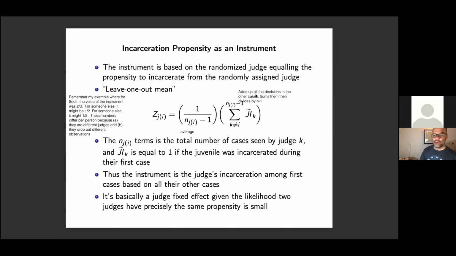And that's how I got it. So when I did it for Scott, it was 2/3. That would be Z_J here, based on all those other people. Z_J would be Scott based on Ben, etc.